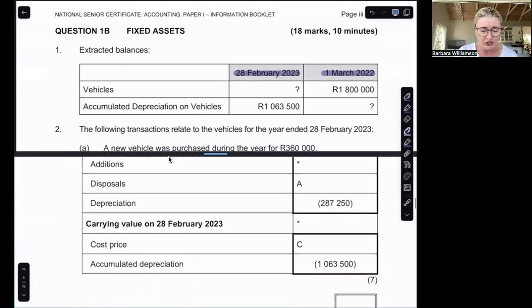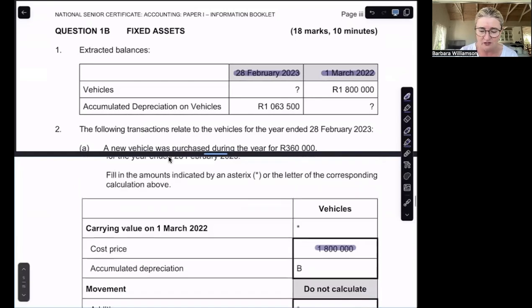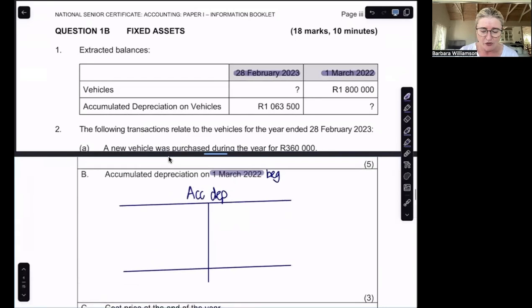We can see also that we've got the depreciation figure over here, 287,250. That is the depreciation for the year. So we can show that in the accumulated depreciation account. I've put it in the middle because obviously I need to have space for my balances before that.